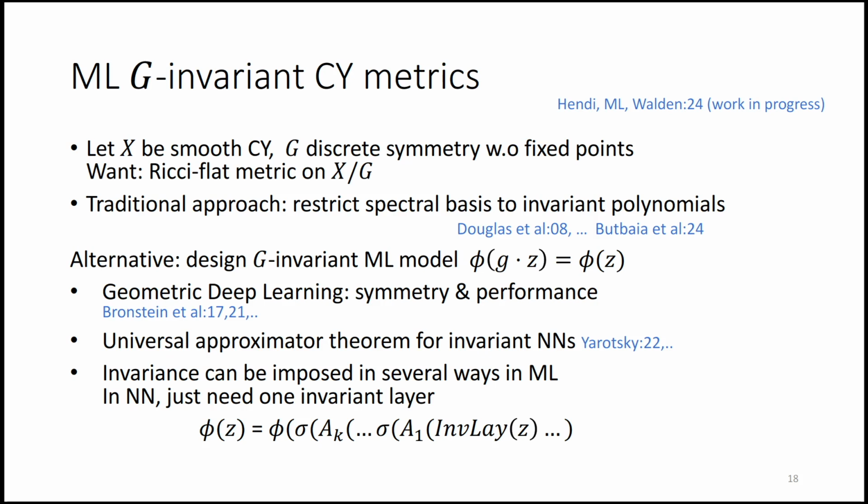We know that these discrete symmetries are crucial for the non-machine learning methods for numerical Calabi Yau metrics, and we wanted to explore what effect they have in machine learning.